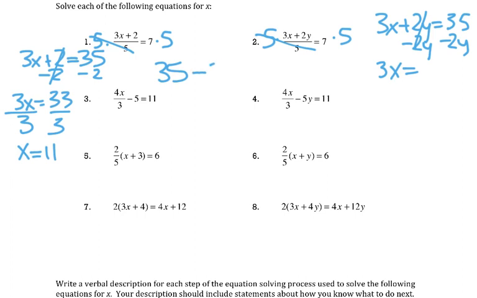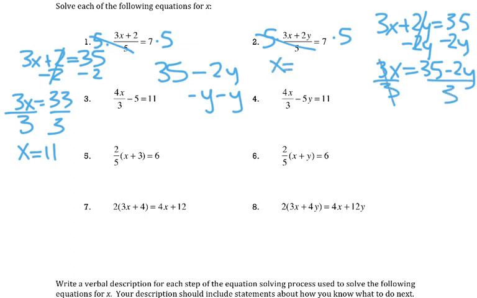The negative 2 in the 2y represents subtracting y twice, that repeated subtraction essentially. So I just rewrite them. Then we can divide everything by 3, and we get x equals 35 minus 2y over 3. Now it's an ugly answer, but that's what we have to do to get x by itself.